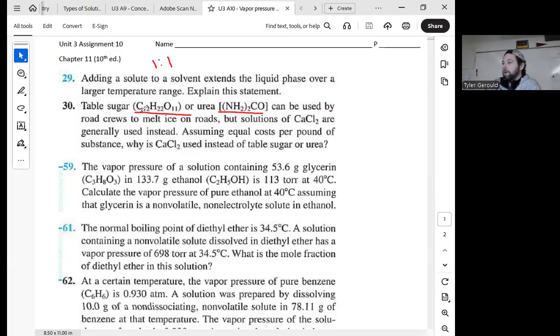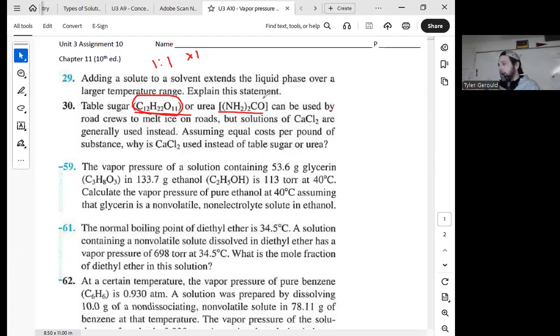Every time we throw in one of these sugar molecules, it has a ×1 effect on the number of particles released in solution because there aren't any extra ions in solution. And the urea would be the same thing. Any sort of covalent compound, like carbon dioxide, you're not going to ionize and break it up into smaller pieces when they dissolve. And that's how they're different. They don't conduct electricity.